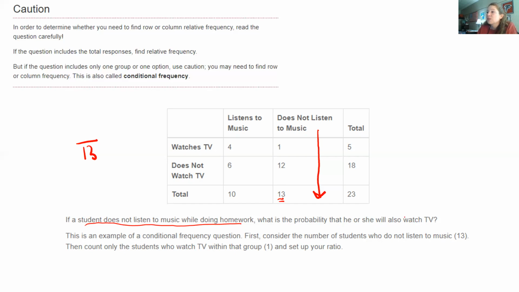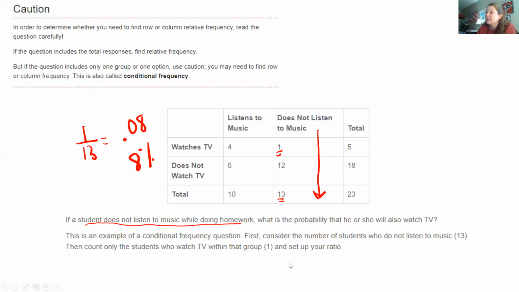Well, how many students watch TV but do not listen to music? Only 1. 1 person out of 13. So I can leave it as that, or I could divide 1 by 13, and I get about 0.08, or I could say about 8% of students who do not listen to music while doing homework watch TV.